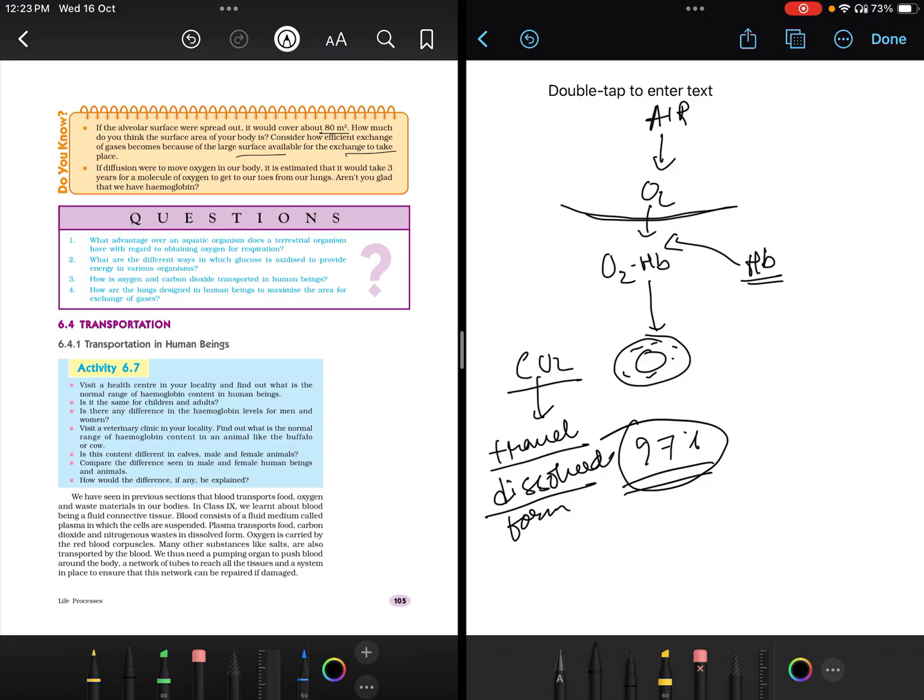As I have told you, they increase the surface area to help the gaseous output and input. If diffusion alone were to move oxygen in our body, it is estimated to take 3 years for a molecule of oxygen to get to our toes. If only diffusion had to do it, then one oxygen molecule, they say, would take 3 years if the hemoglobin is absent.